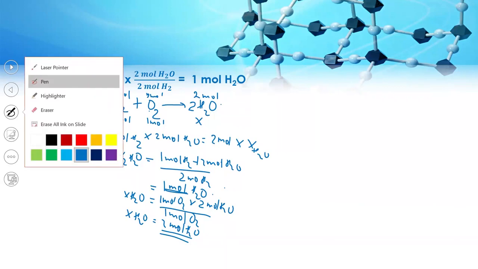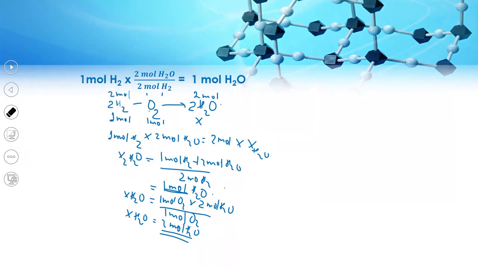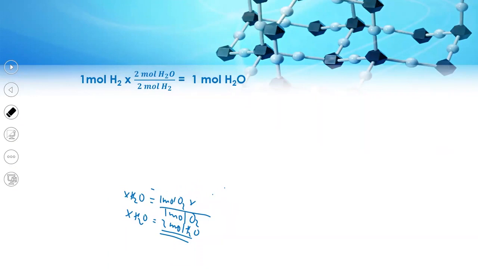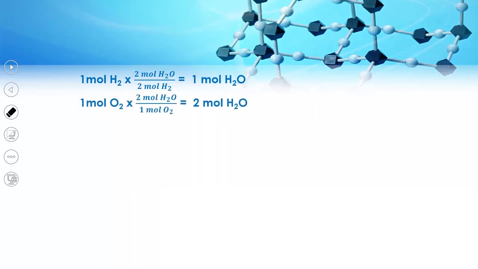Let us see. The reactant that limits the amount of product produced, the amount of water produced in the reaction between hydrogen and oxygen. In the case of oxygen, 1 mole will give us 2 moles of water, as we have calculated.